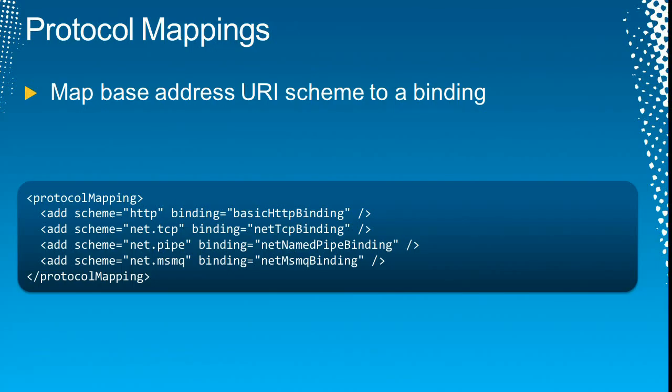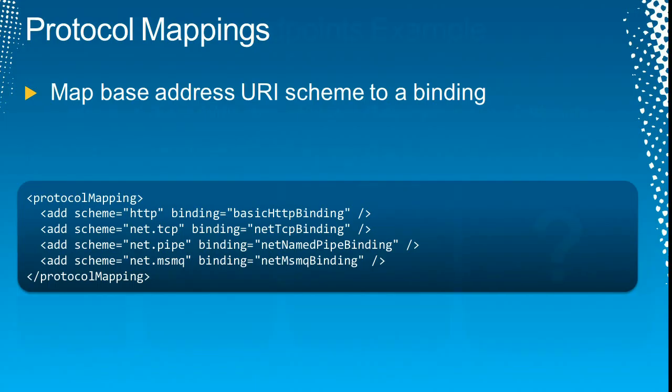If you want to do communication that's just local to the box, you can use named pipes as your transport, and you can use the net named pipe binding. Or if you want to do asynchronous messaging, you can use queues and use the net MSMQ binding. These are the 4 protocol mappings that are provided by default. If your host provides an address with one of these URI schemes, you will automatically get endpoints for each of your contracts with these specified bindings.